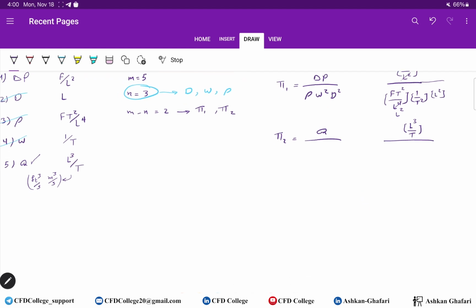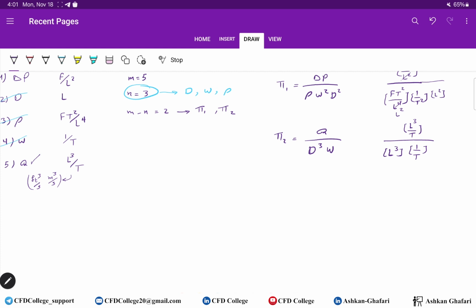So we have to deal with L and T, so there is no need to put rho in the denominator or in the numerator. First for L, we need L to the power 3 here, which means D cubic, diameter, and we need 1 over T, which means omega.